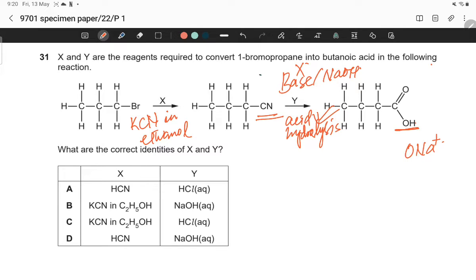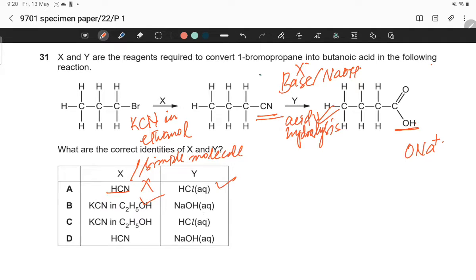What are the correct identities of X and Y? HCN is not possible. This is a simple molecule, it does not dissociate into hydrogen and cyanide. So aqueous is incorrect.